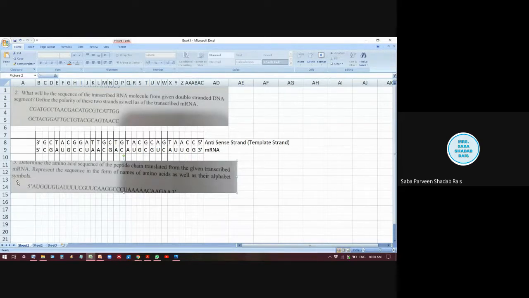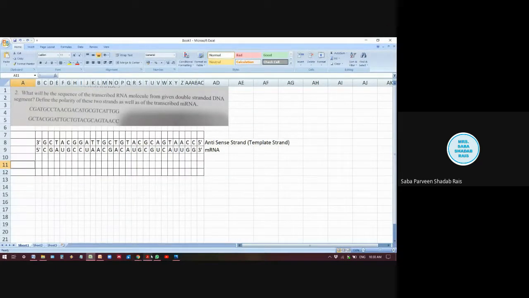Determine the amino acid sequence of the peptide chain translated from the given transcribed mRNA. Now, what is given to us, children? We have got the mRNA. Students, here the image has been cut from this side. Let me take another screenshot of this.